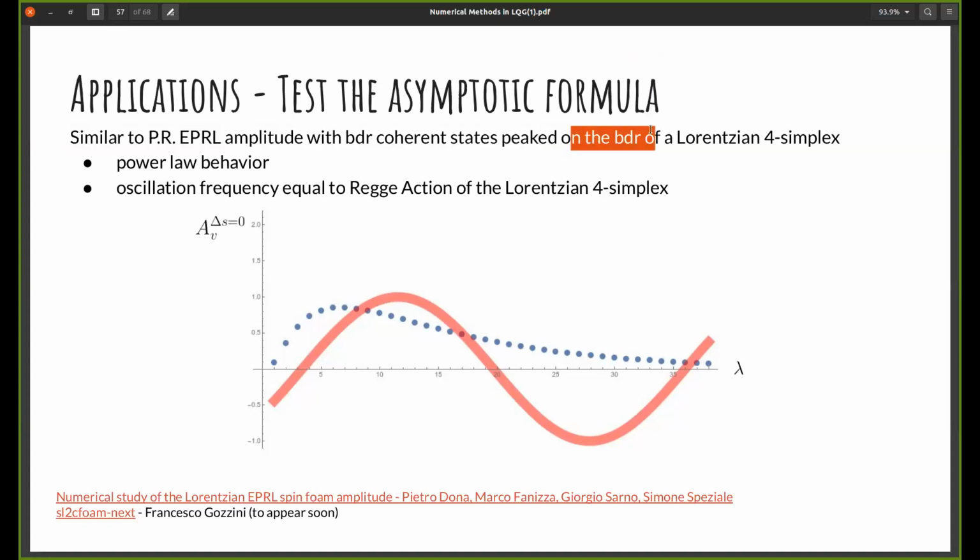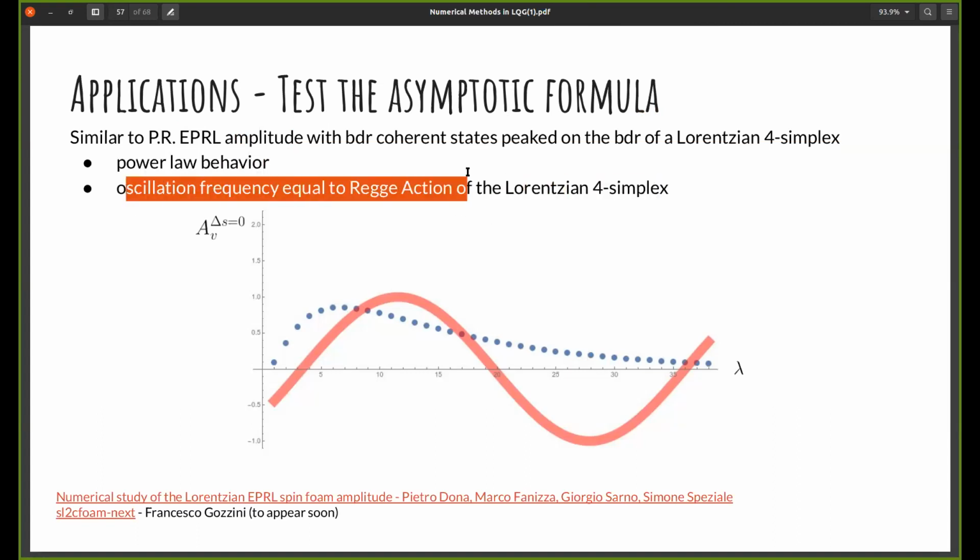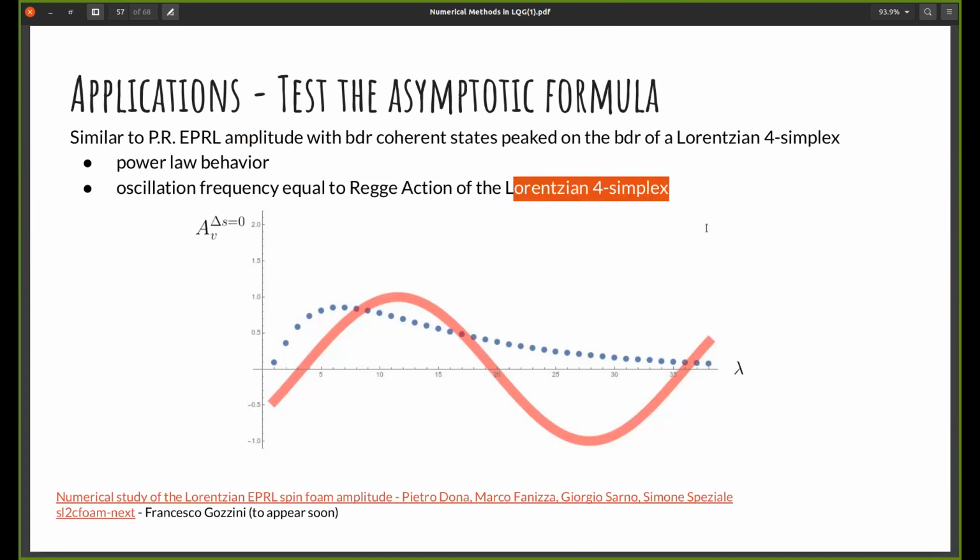On the boundary of your EPRL vertex amplitude, you put coherent states peaked on tetrahedra that are the boundary of a Lorentzian four-simplex. You get a power law behavior of the amplitude plus oscillations with a frequency that is the same as the Regge action of the Lorentzian four-simplex.